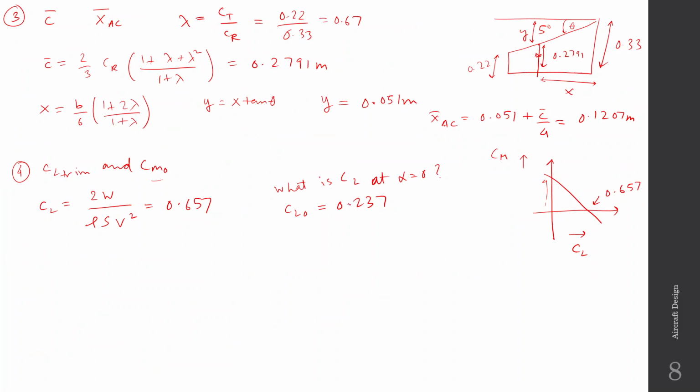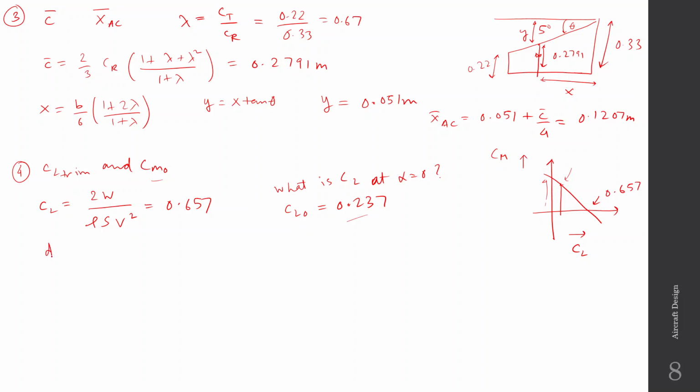So CL naught we know is 0.237. So what is CL at alpha equal to 0? Somewhere over here we'll get this. Then we have to find out the moment coefficient at this CL. For that we need to know the slope of this line, which we can assume based on some statistical data.